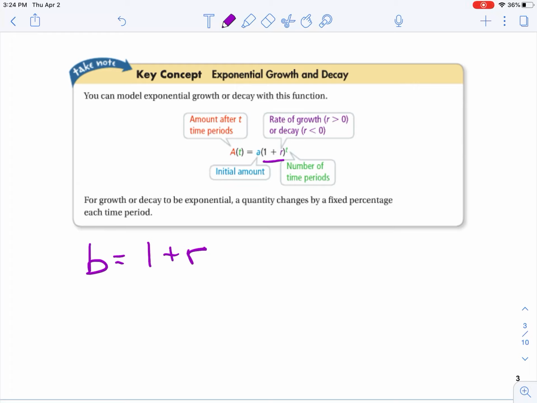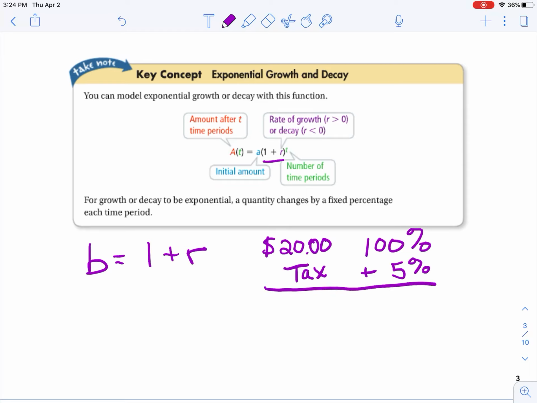1 plus R means that, let's say we go out and we buy a shirt for $20. And that's 100% of our purchase. Well, we know that we can't just get away with spending $20. We're also going to have tax in there, which is going to add on another percent, let's say 5%.